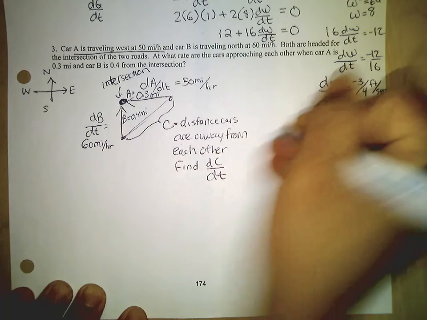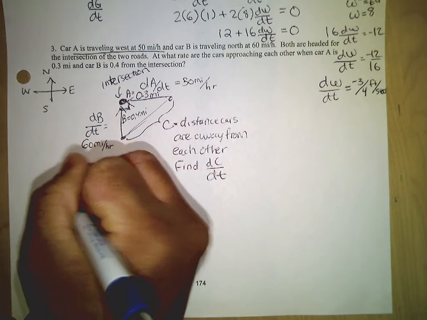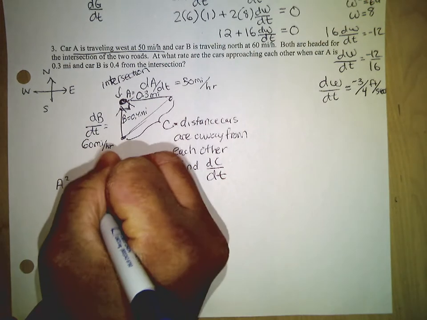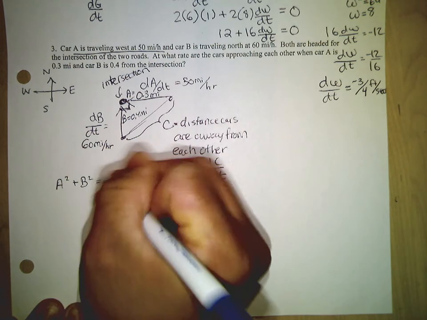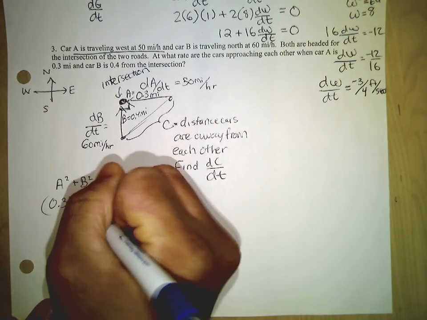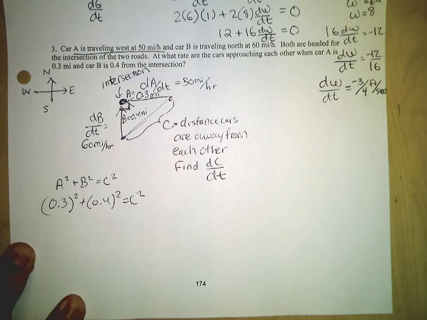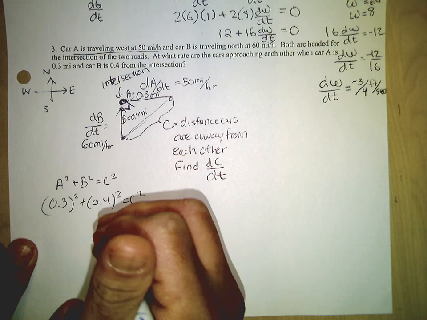All right, well, this is a right triangle here again, so let's find C first. So A squared plus B squared is C squared. So if A is 0.3 and B is 0.4, then we have 0.3 squared plus 0.4 squared is C squared.